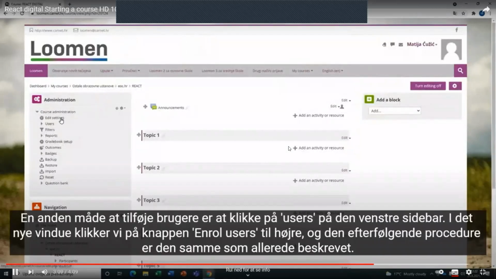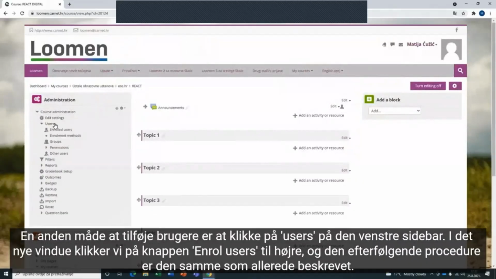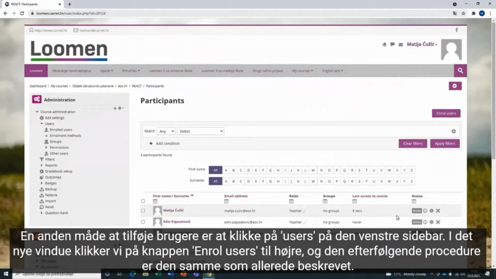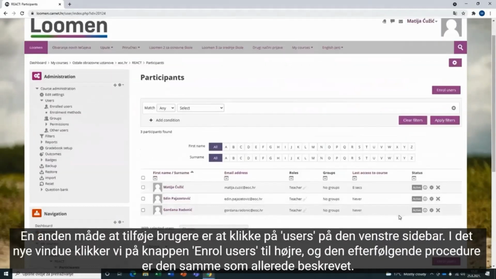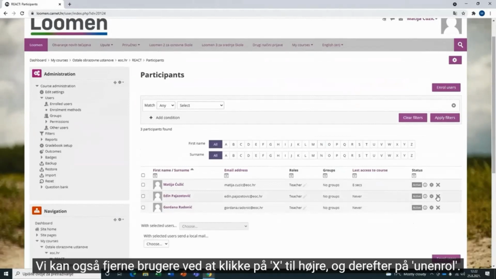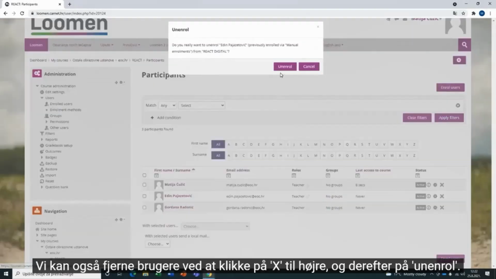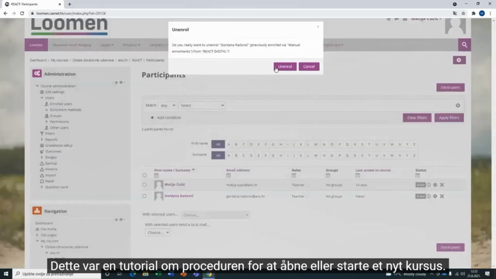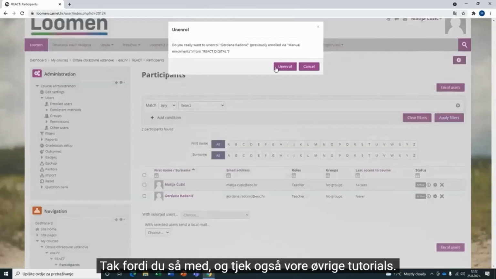Another way of adding users is by clicking Users on the left sidebar. In a new window, we click on the button Enroll Users on the right, and the following procedure is the same as already described. We can also remove users by clicking on an X on the right and then unenroll. So this was a tutorial on the procedure of opening or starting a new course. Thank you for watching and check out our other tutorials.